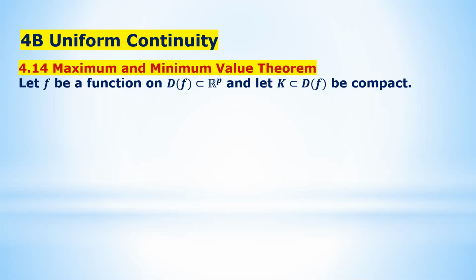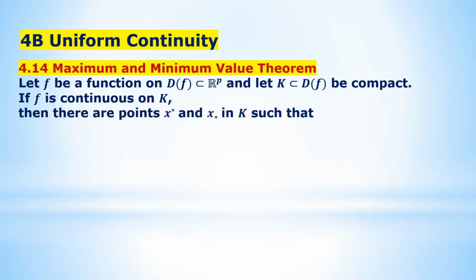D_f itself may not be compact, but suppose I have a subset K of its domain which is compact, and f is continuous on K. Last time we showed that this implies f is uniformly continuous on K. Now today we're going to show an additional result.